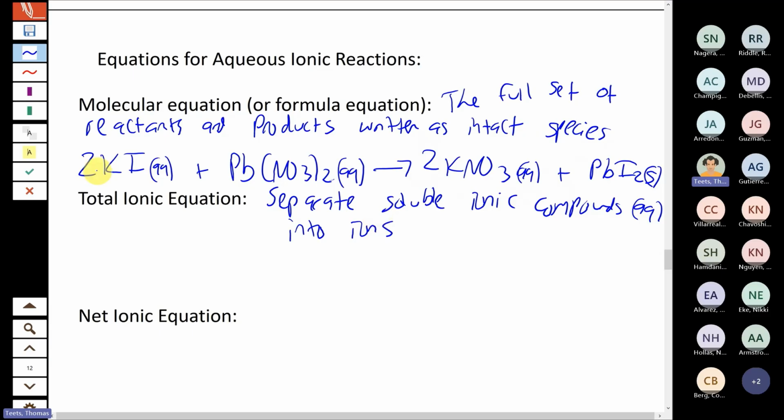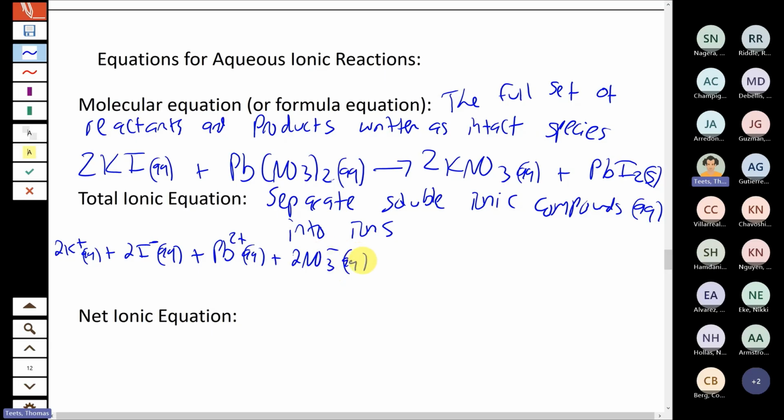So for this one, KI is aqueous. When that dissolves, it's going to give 2 K plus and 2 I minus. I have to write this small because I have to write a lot of stuff. We have lead nitrate. When that dissolves in water, it's aqueous, so we get lead 2 plus AQ and 2 NO3 minus, which is AQ.